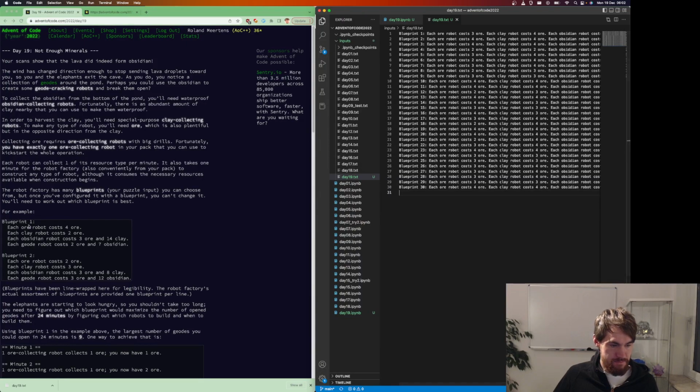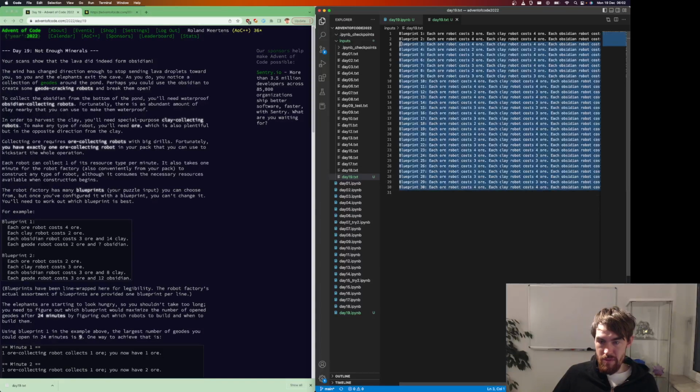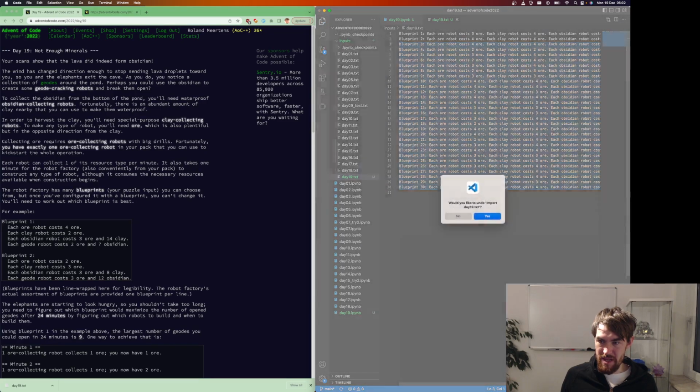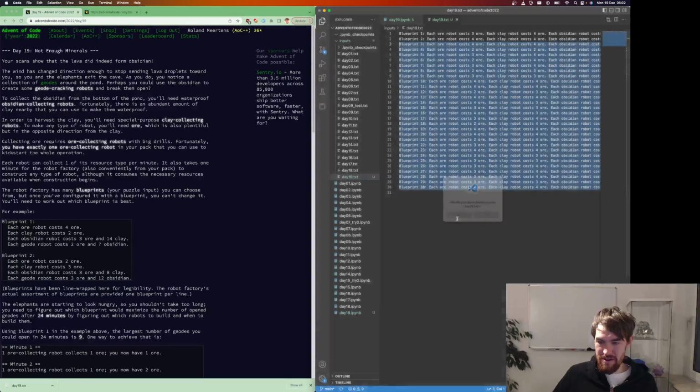That's annoying. Let's just edit this then. So 1 ore robot costs 4 ore, clay robot costs 2 ore, each obsidian robot costs 3 ore and 14 clay. Each geode robot costs... why am I even editing this? Let's not do it here.